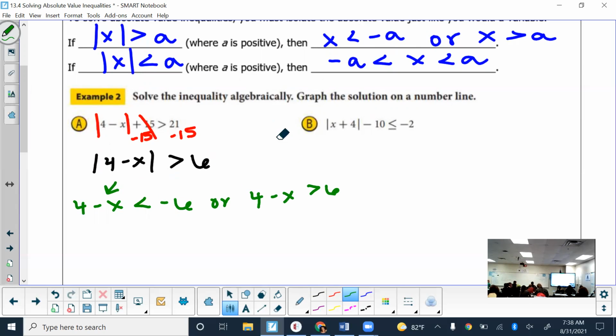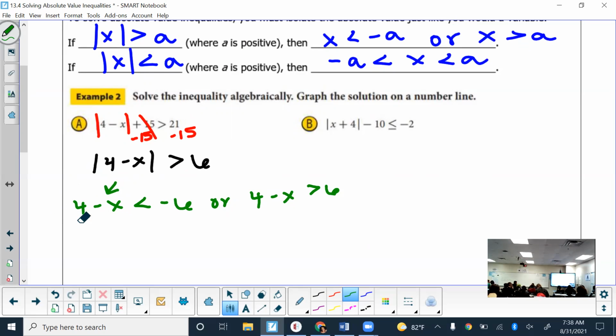And then solve them separately. Anyone confused how we came up with what's in the green? All right then, so again, we're just using this as our guide.